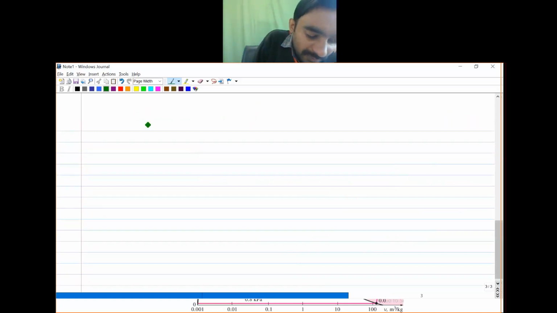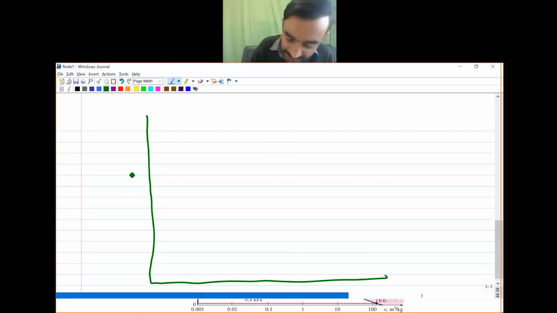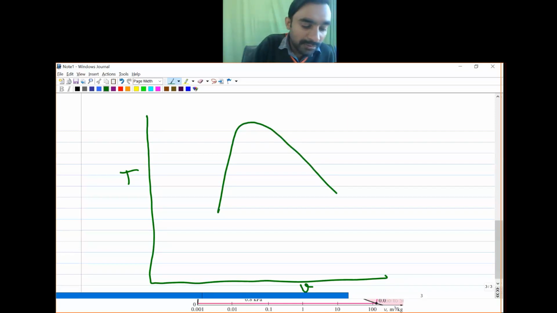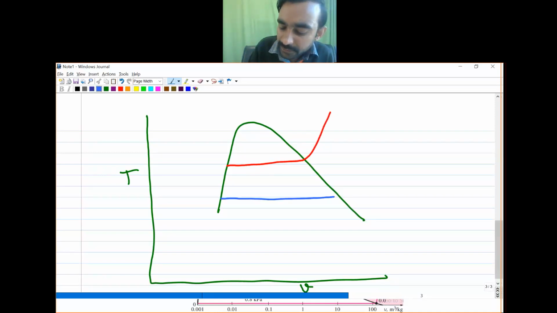So now let us try to see. If I plot a temperature versus specific volume diagram, this is my liquid vapor dome, and let me consider this is some low pressure line having pressure P1, and another one having pressure P2, which is greater than P1.